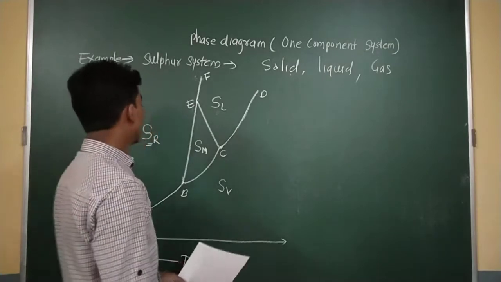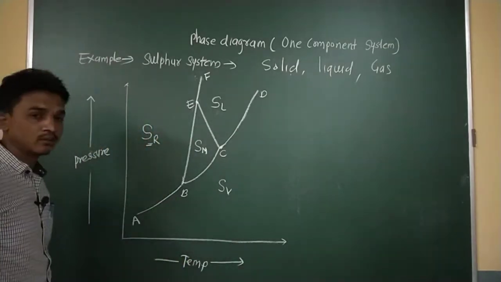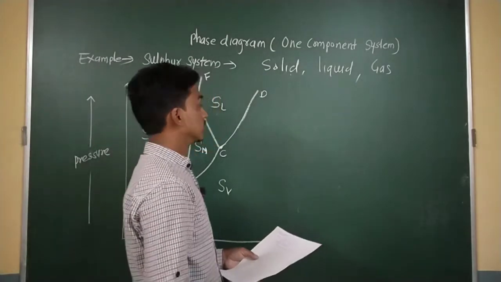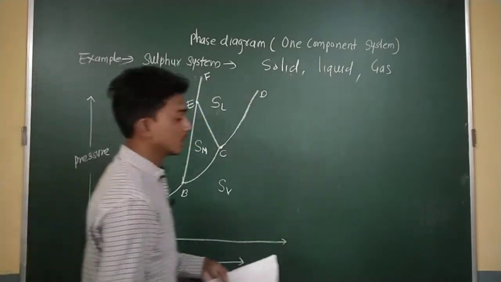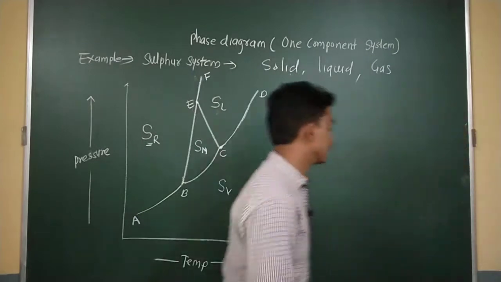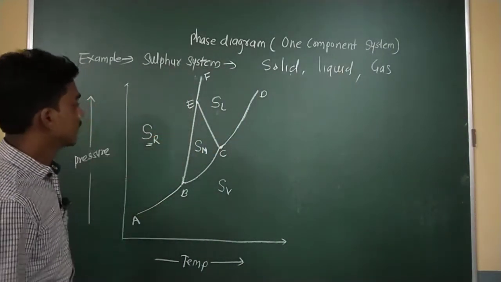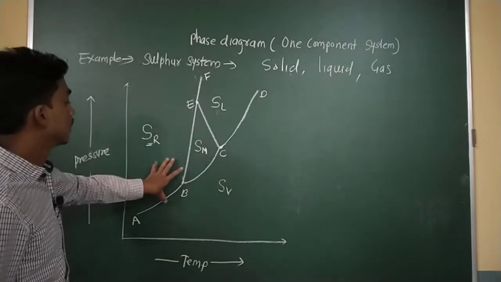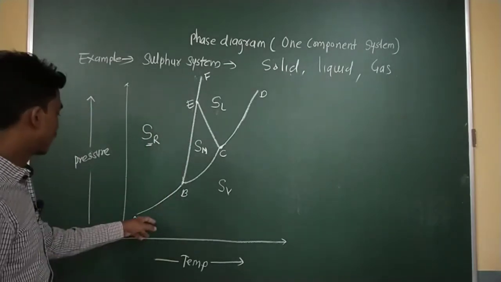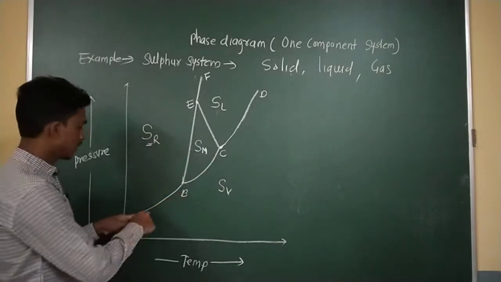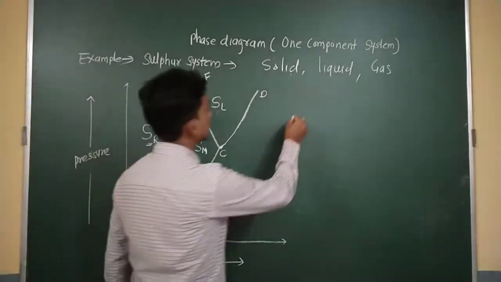So what does this phase diagram indicate? This is very important, and that's why we have to understand which type of curves are present in this phase diagram. First of all, I have selected this curve A to B.